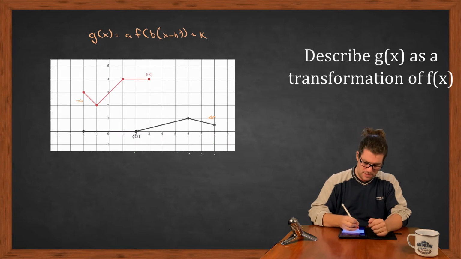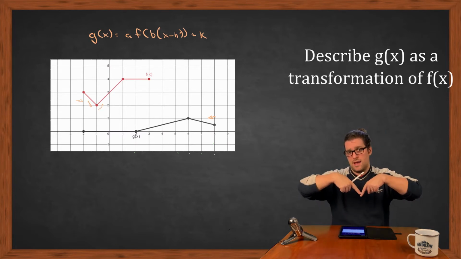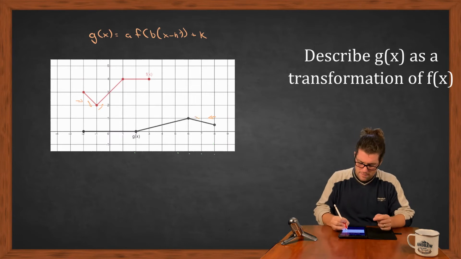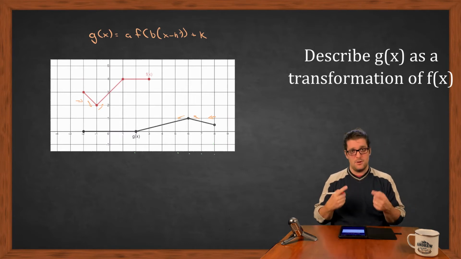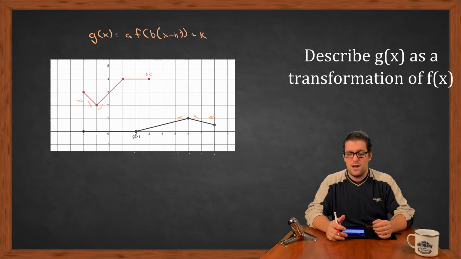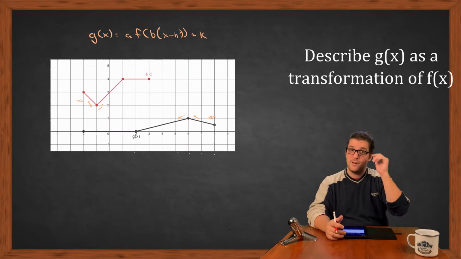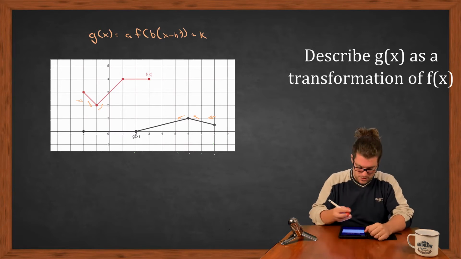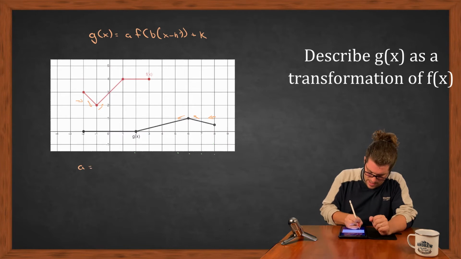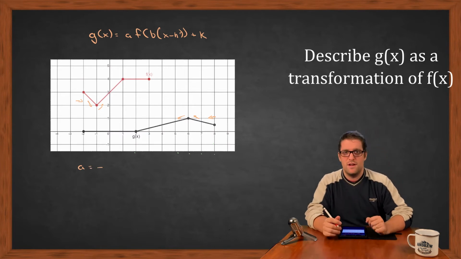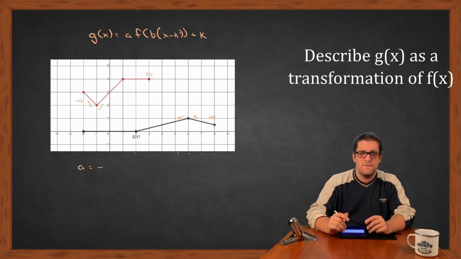So specifically, there's this neat little spot here where we go down to a point and then back up. But in the new graph, we go up to a point and then back down. That's the inversion I was talking about. So yes, there is a vertical reflection. So I'm going to put down that A is a negative value, whatever that value is. So we've taken care of the vertical reflection.